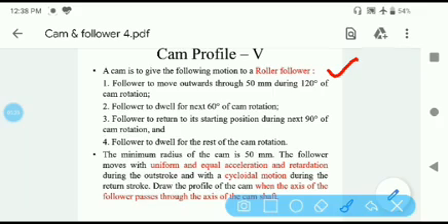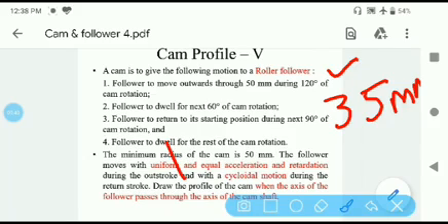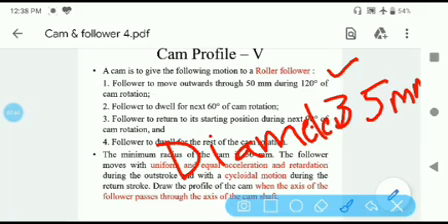You can take the diameter of the roller to be 35 millimeter. Okay, so that you please add in this particular question. So based on this you draw the cam profile.